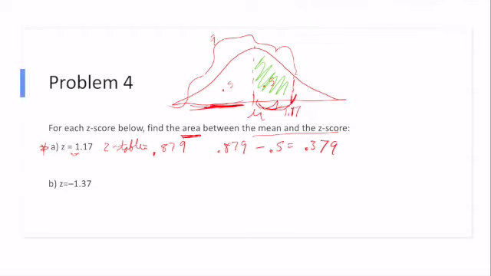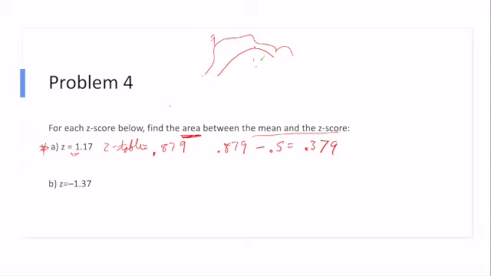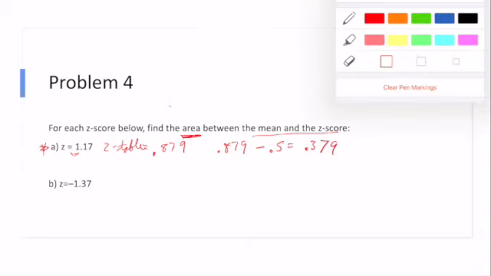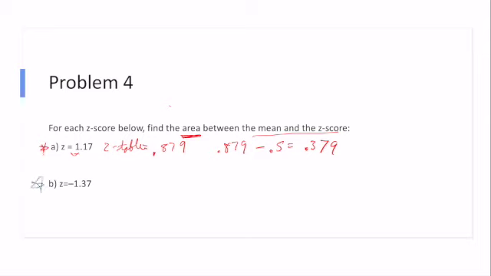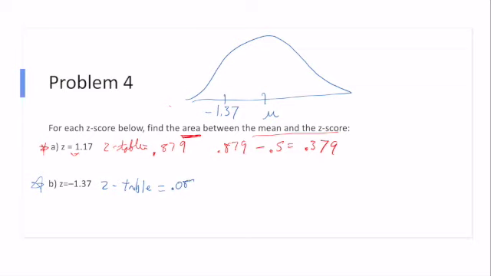For our next problem, we're going to look at a z-score of negative 1.37. So this z-score will be below the mean. Okay, so if I look this up, I get a z-table value of 0.0853.